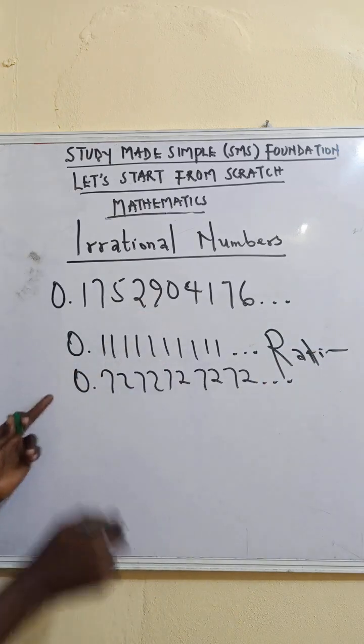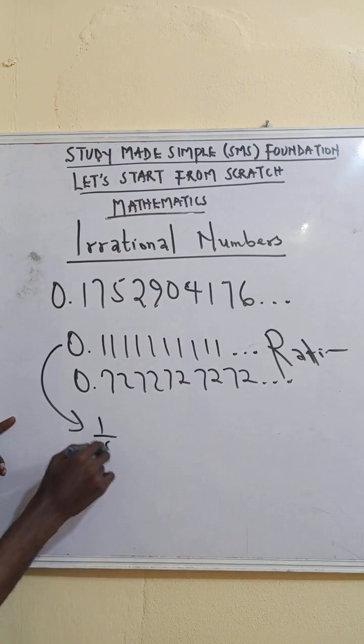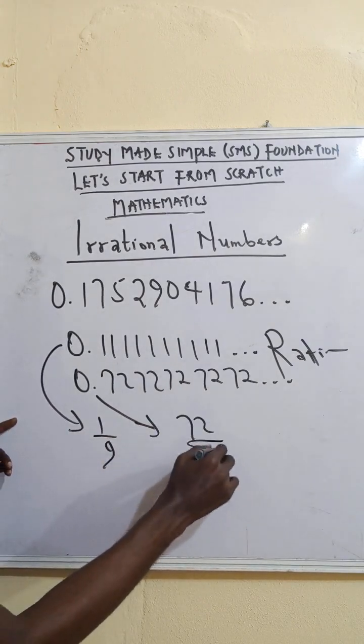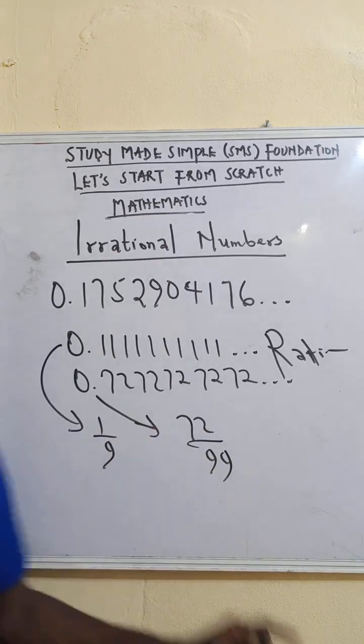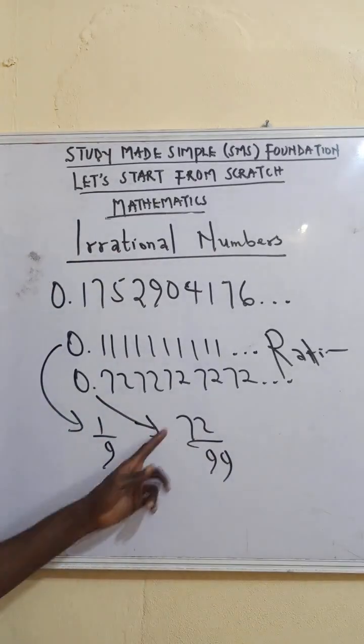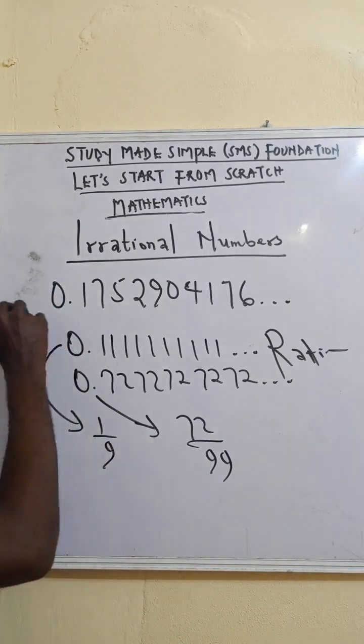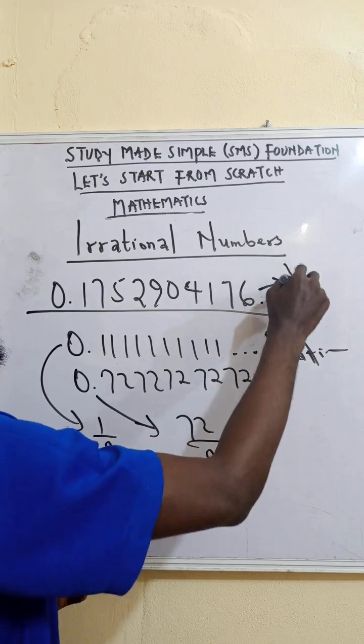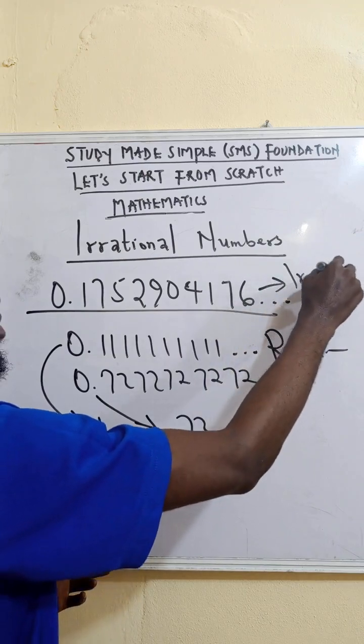Both can be written in fraction. This one is 1/9, while this one is 72/99. I have explained this in my previous video on rational numbers. But this one can never be written like that, and that is why it is irrational.